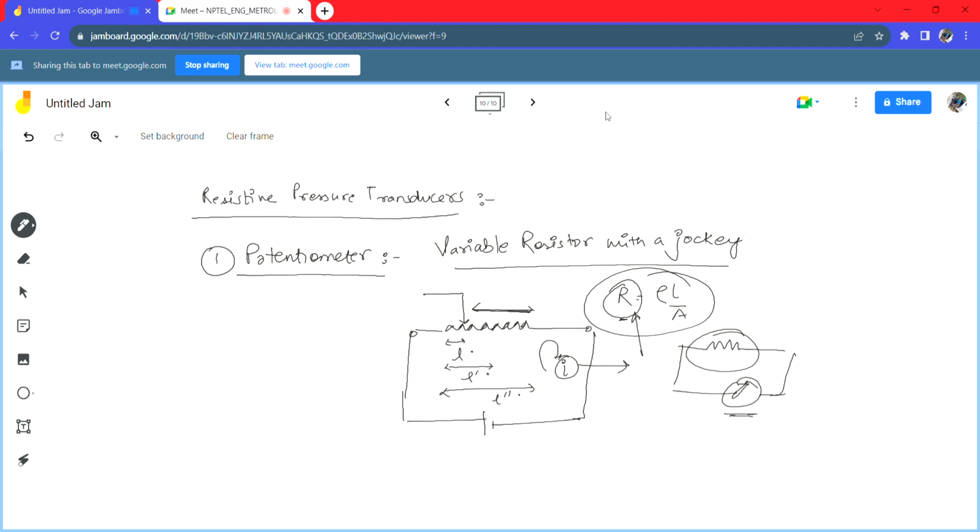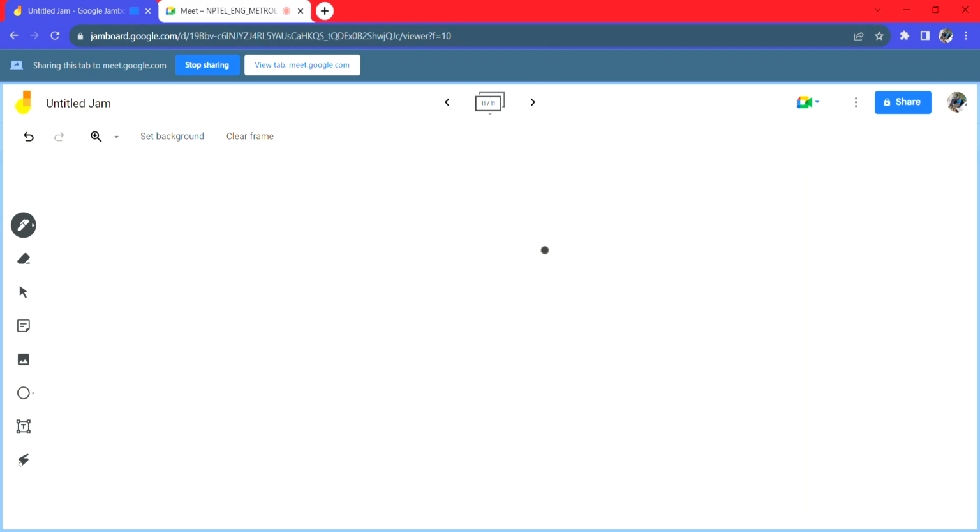So if I want to design a transducer in such a fashion, let us say we did it with the diaphragm.